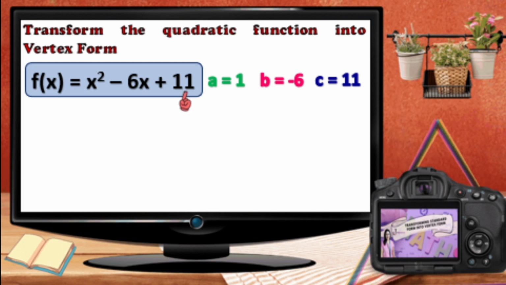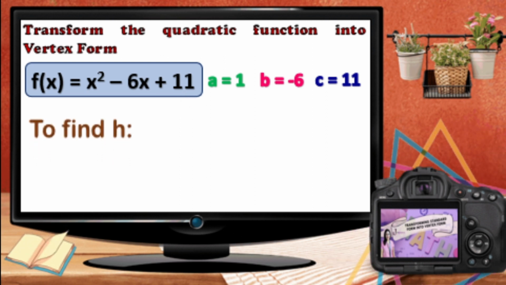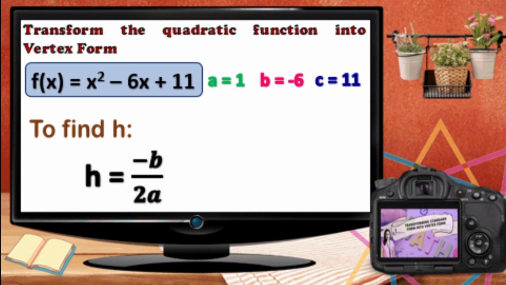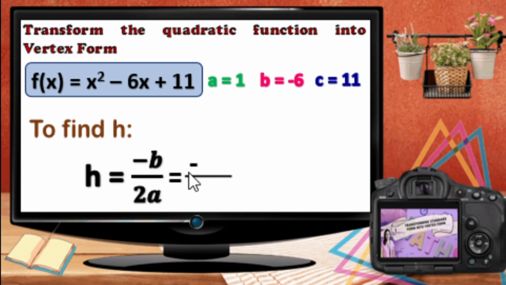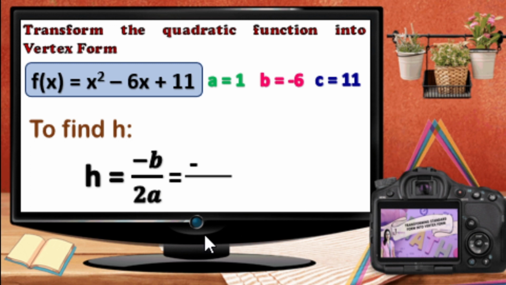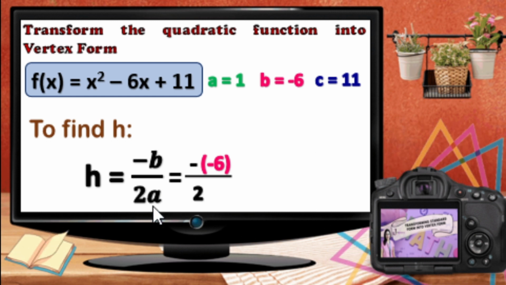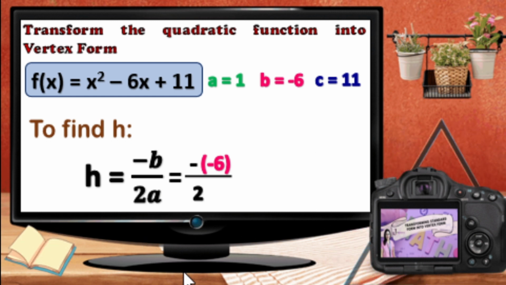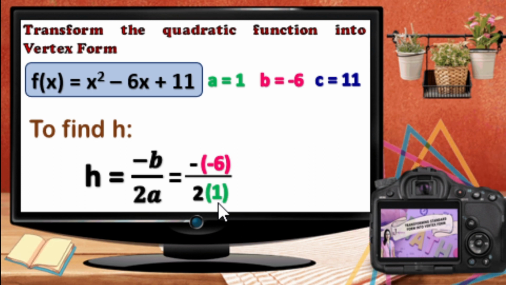We need to find first the value of h. The formula in finding the value of h is negative b over 2a. So, we substitute our values. We have negative, since that is in our formula. What is the value of b? Negative 6. So, negative times negative 6, which is the value of b, over 2 from our formula, then multiply to the value of a, which is 1.